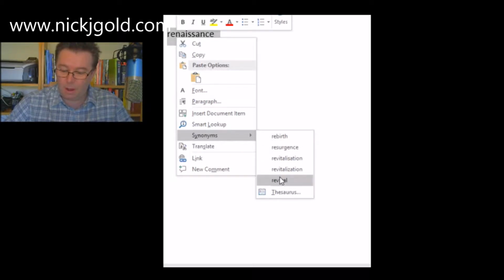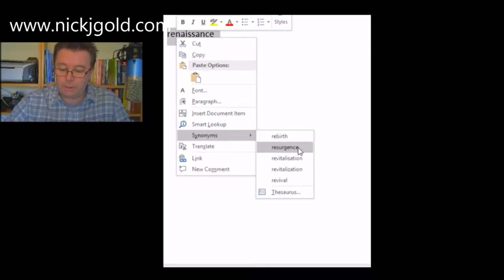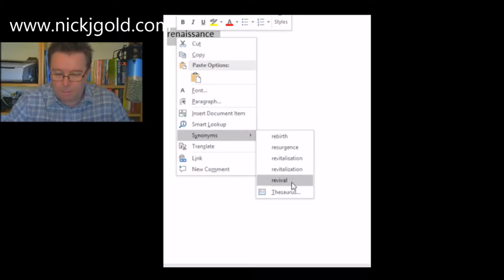They all have this re prefix, which means repeat, something that happens again. Repeat itself starts with the prefix re. So we're looking at rebirth, resurgence, something coming to the front, coming forwards again. Revitalization, a life being repeated. A revival, same idea, a life being repeated.